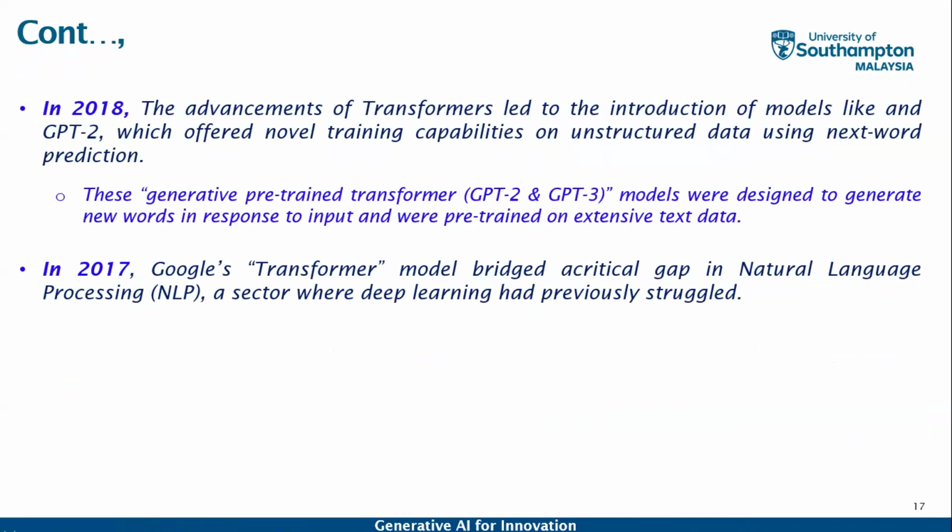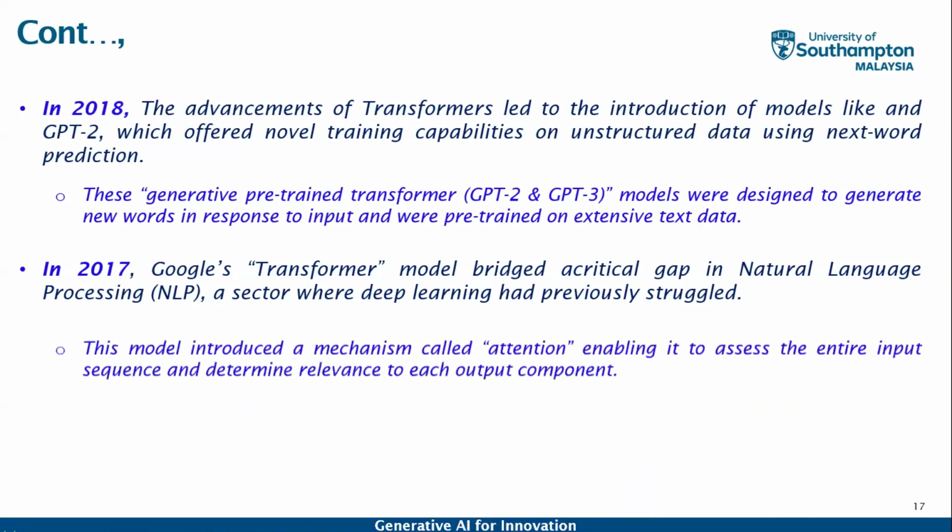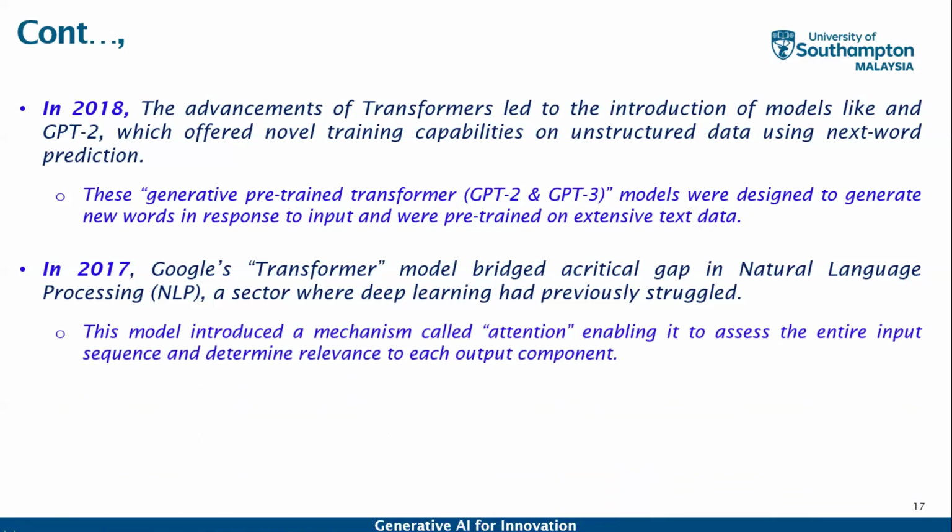In 2017, there was Google's transformer model. That was the first natural language processing sector where deep learning had previously struggled. Okay, so these are the historical evolutions that I want to highlight to you.